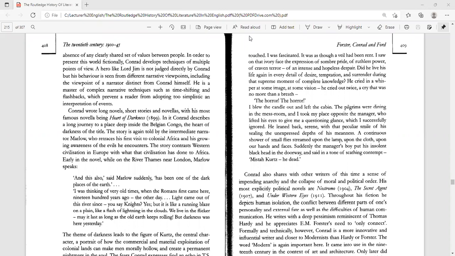That lie, that false reporting of Kurtz's last word, is the major debate of this novel, and that shows the heart of darkness. Is it the environment that corrupts Marlowe? Is it the charisma of Kurtz's personality that corrupts Marlowe?